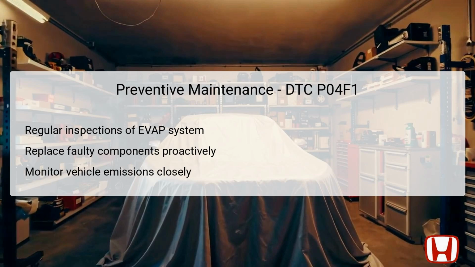Regular inspections should be conducted on components such as the EVAP canister, purge valve, and associated lines to catch any potential issues early. Performing proactive replacements of components that show signs of wear or damage can mitigate expensive repairs and ensure the system operates efficiently. Monitoring vehicle emissions regularly will also help identify abnormalities as they arise, allowing for timely intervention.